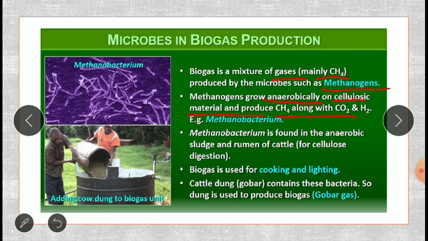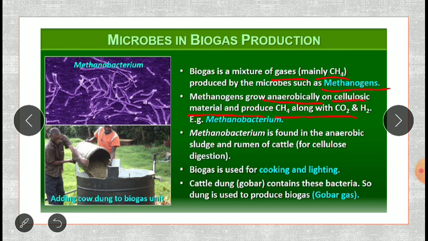It is nothing but cellulose-containing material, like agricultural waste, green plants, fallen leaves or grass, all of which contain a high amount of cellulose. These plant wastes, together with cattle dung, what is called gobar, are all rich in cellulose.